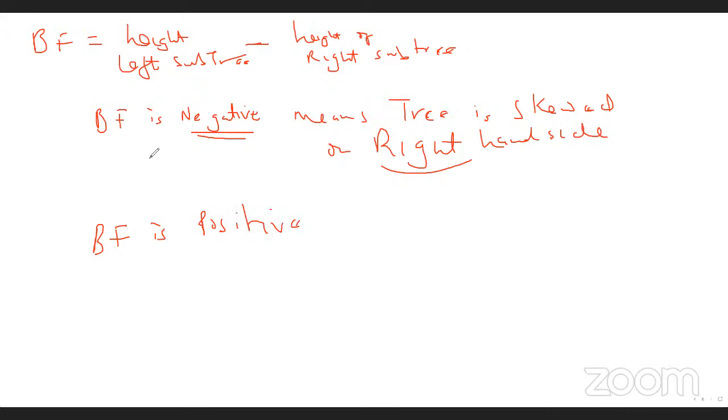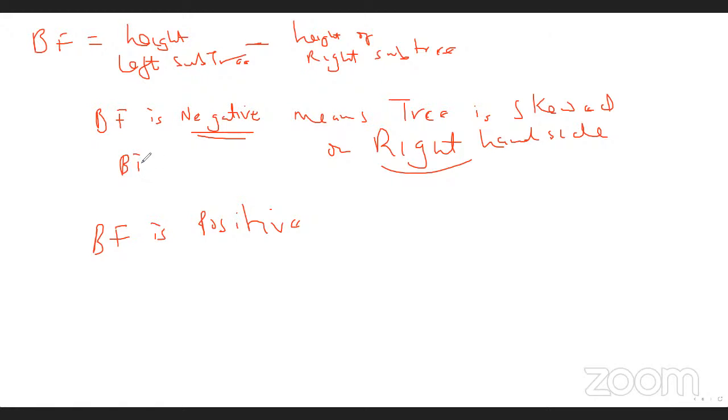We could have said height of right subtree minus height of left subtree, vice versa. The idea is that using this negative or positive, we can know which side of the tree needs work or is not balanced.